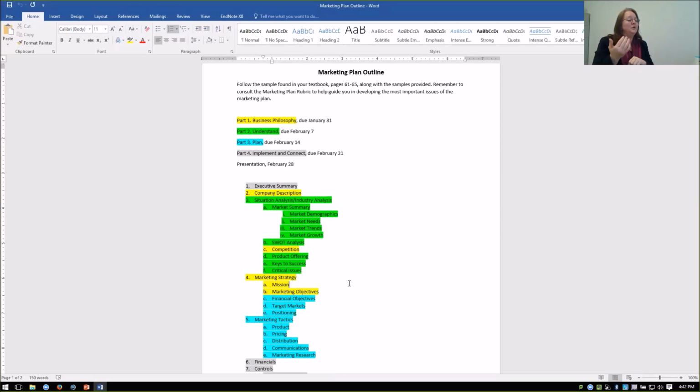Keep in mind, if you glance down through part 3, the plan, then you're looking at the target market, the positioning, the marketing tactics, okay? As far as pricing is concerned, it's going to be very vague because they're not giving us detailed pricing.